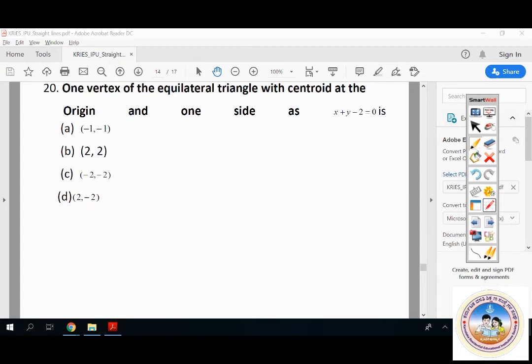So ಇಲ್ಲೊಂದು equilateral triangle draw ಮಾಡ್ತೀನಿ. So whose vertices I'll write as A and B and this is C. So whose centroid is at origin and one of the sides is x + y - 2 ಅಂತ ಬರ್ಕೋಣ. ಈ ಬೇಸ್ ಅನ್ನ ನಾನು ಏನು ಮಾಡ್ತೀನಿ, it is x + y - 2 = 0.